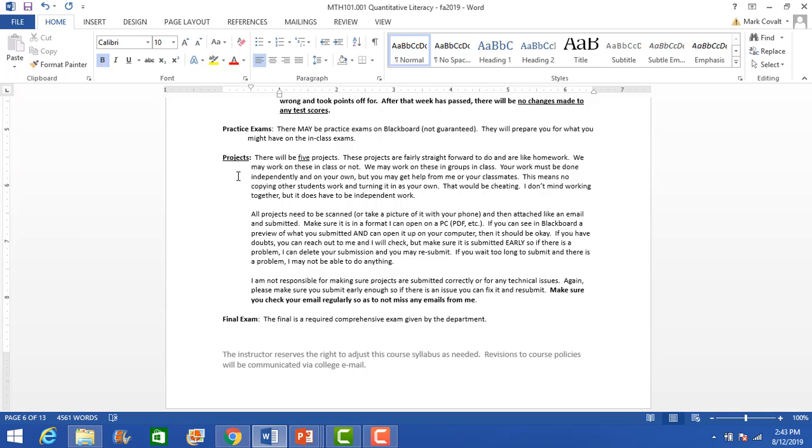Okay. And again, these are going to be submitted through Blackboard, so you're going to have to scan these or take a picture of it, but make sure that it scans appropriately and that you upload it as a PDF or as a GIF file, whatever the file is.